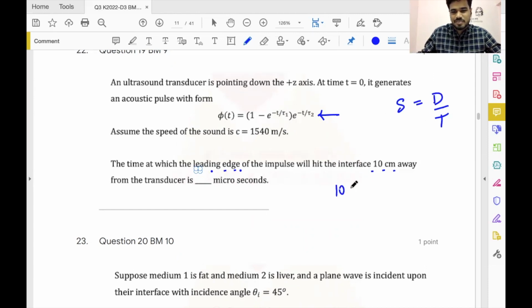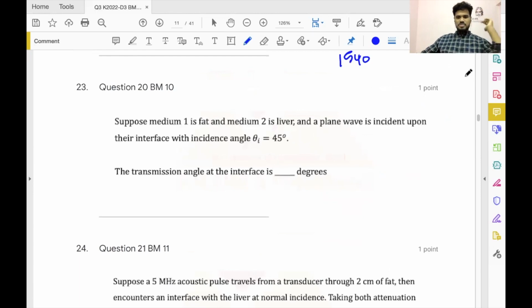Distance is 10 centimeters, so 10 power minus 2 by speed 1540. We should get some answer in 10 power minus 6, roughly 65 microseconds. So be careful about distractions.